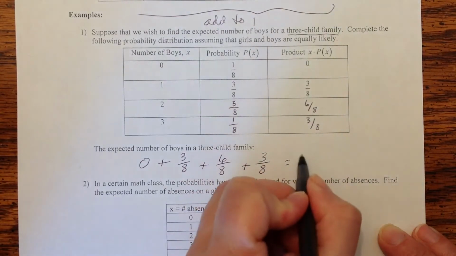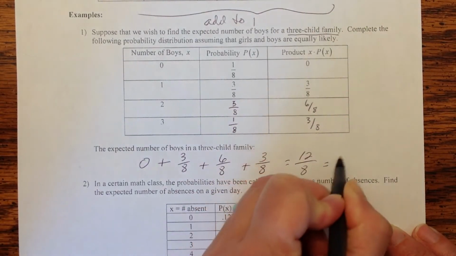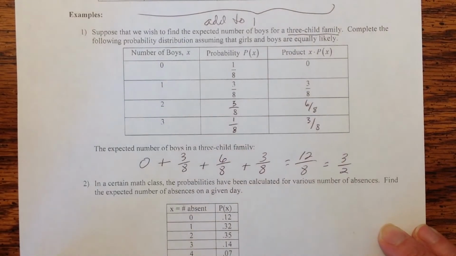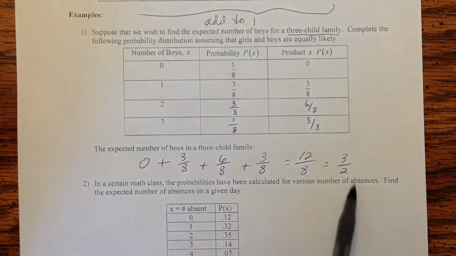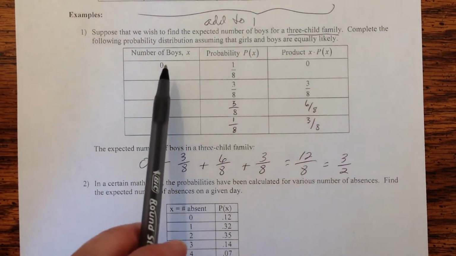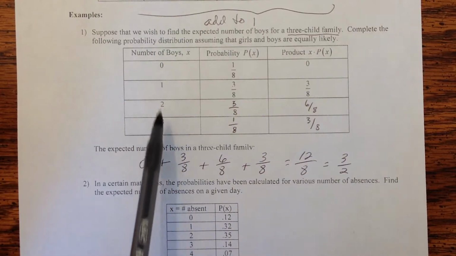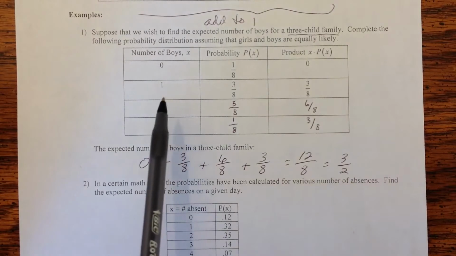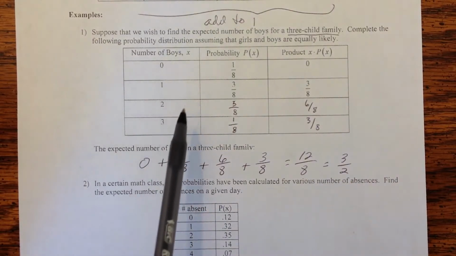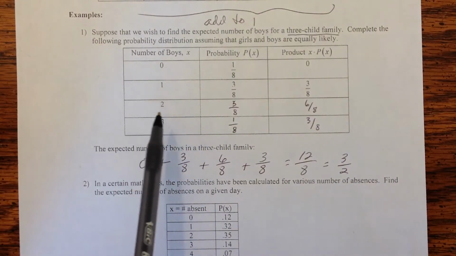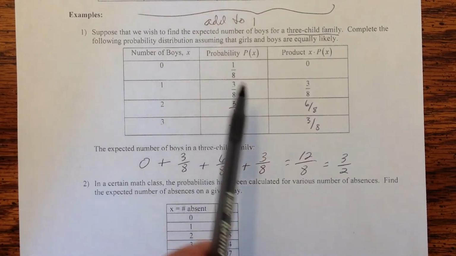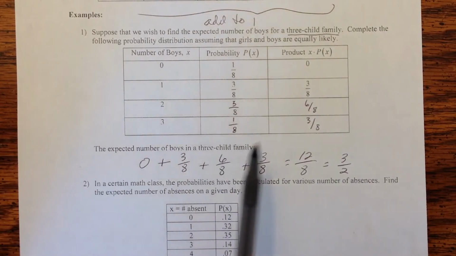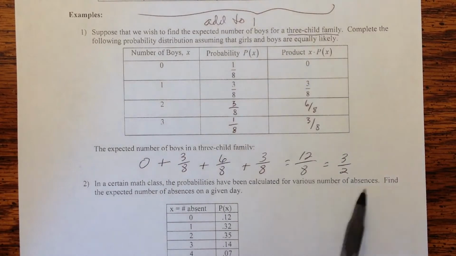So you get 12/8 or 3/2. Sometimes the answer that you get doesn't completely fall back to an option in the table, but 3/2 is 1.5, so we could expect that the expected number of boys would range somewhere between 1 and 2 because that's where the highest probabilities are. But your exact answer for this question is 3/2.